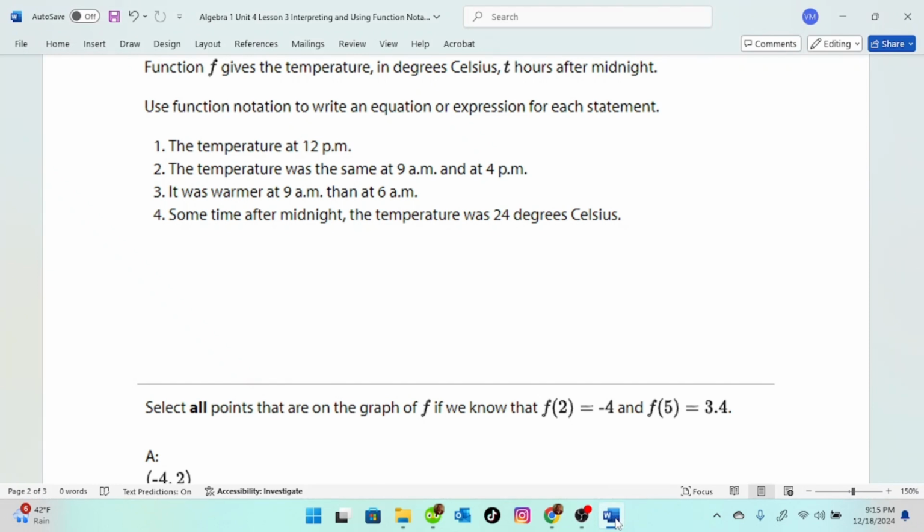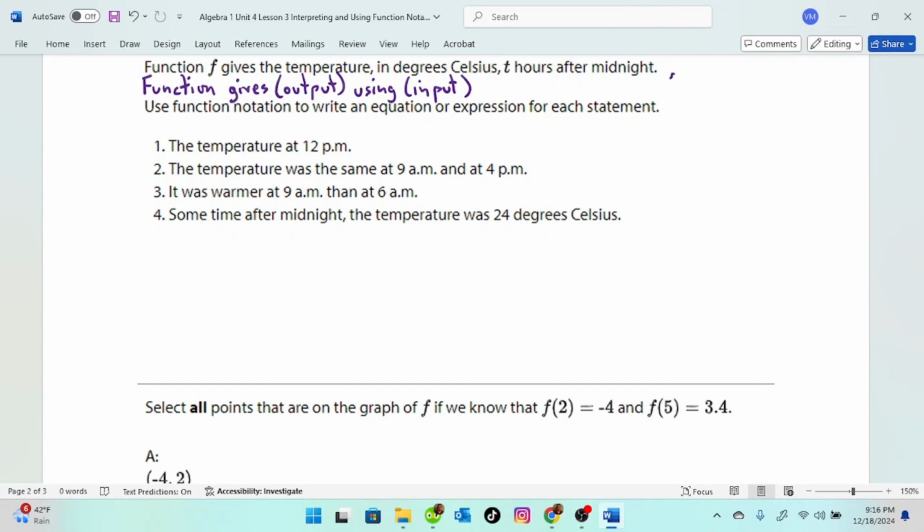Our next practice problem, function f gives the temperature in degrees Celsius t hours after midnight. So again, a function gives output using input.